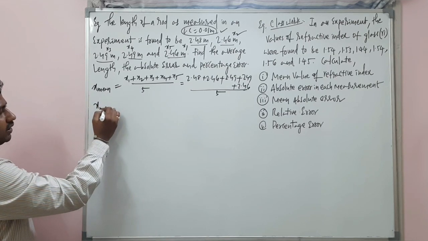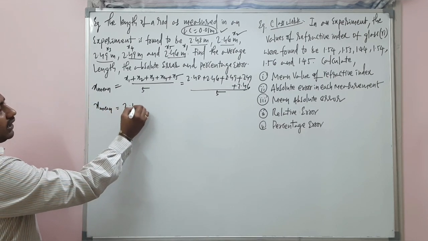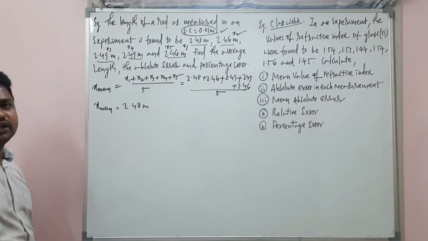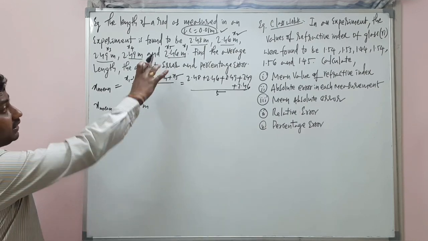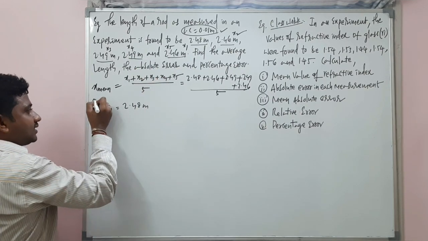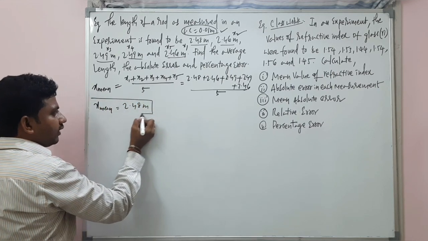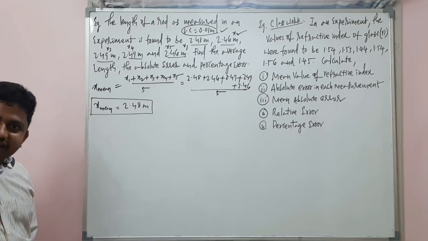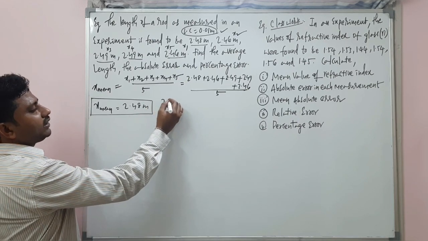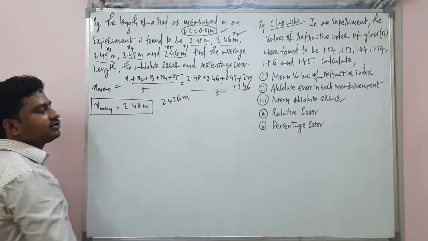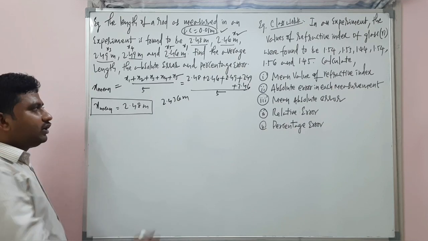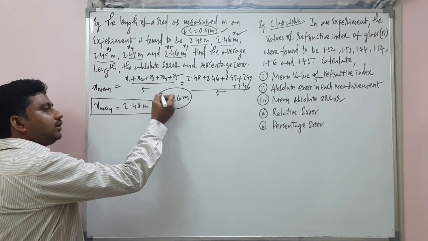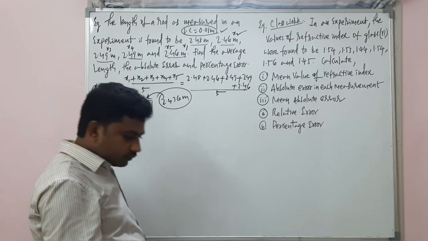Your x mean value, if you calculate, you get as 2.48 meters. There is no centimeter here, it is meter. Actually, if you calculate, you will get 2.476 meters. When you round off, it gives this value.